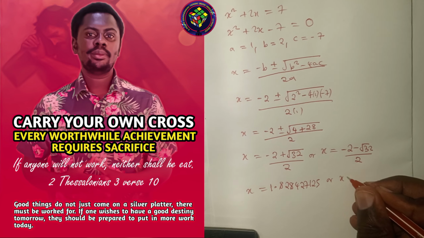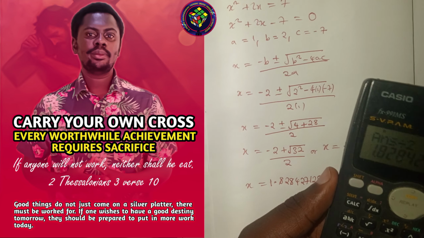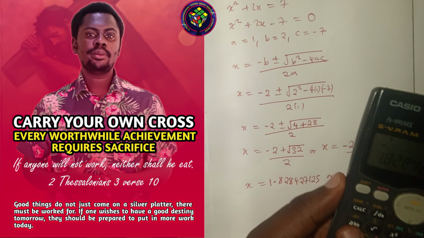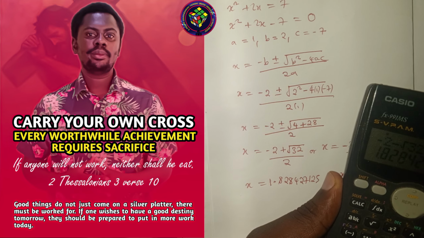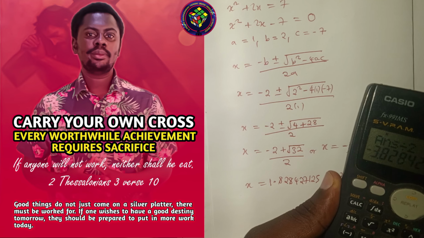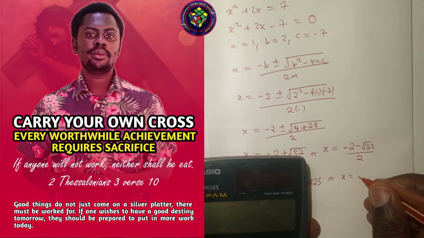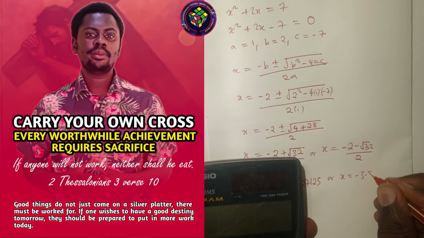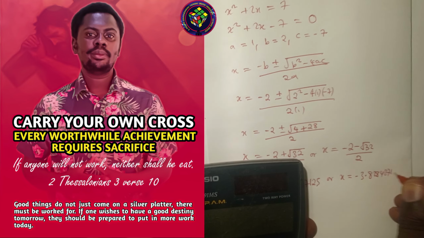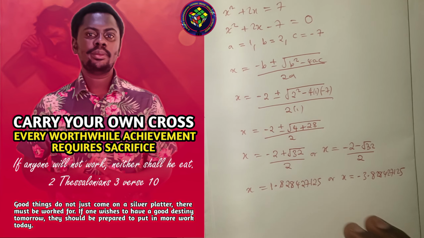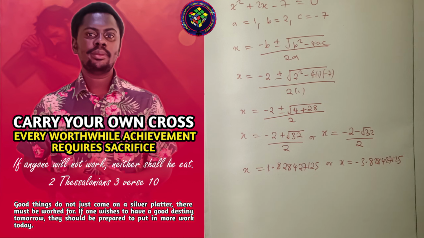Or x is equal to minus 2 minus the square root of 32, then divide by 2, you get minus 3.8284271225. Okay, we need to round off to 2 decimal places.